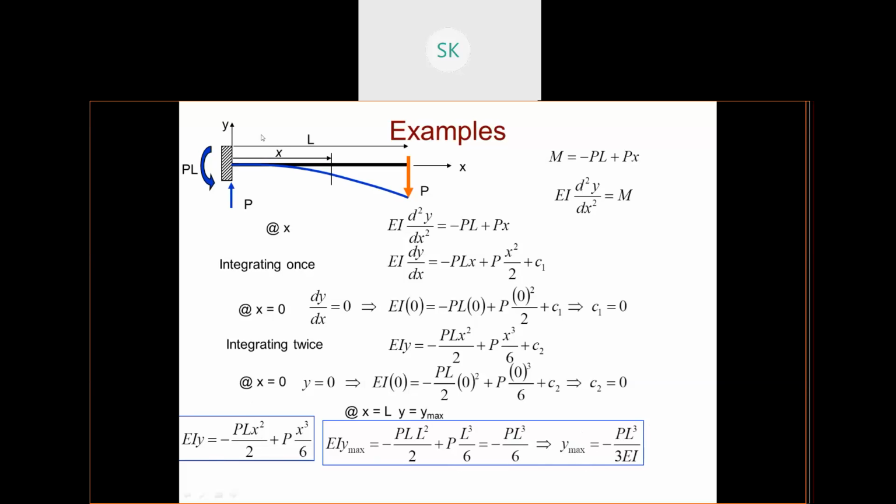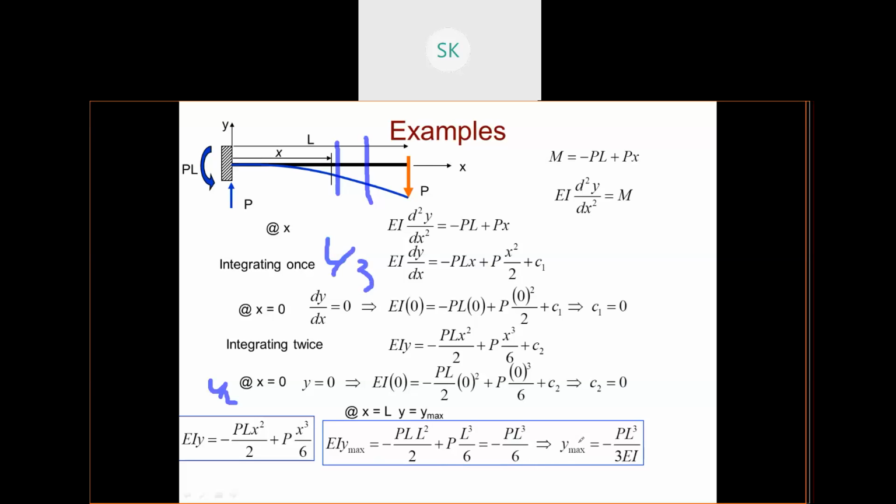But if you need to find the deflection at another position, first find the distance and replace x by this distance. Suppose you have been asked to find the deflection at L by 2, replace x as L by 2 and you'll get a different equation. Suppose you have been asked to find the deflection at L by 3, replace x by L by 3 and you will get the deflection.